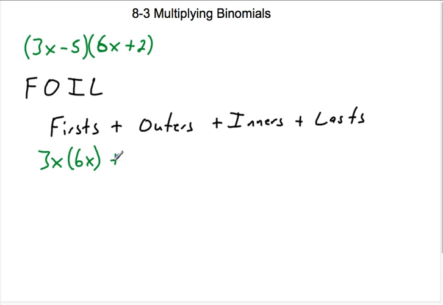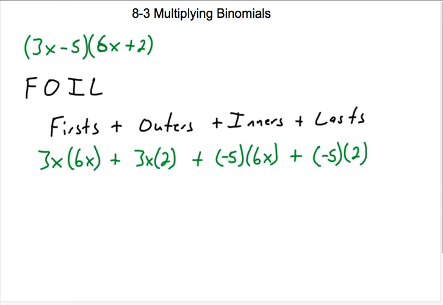The outers would be the 3x and the 2, the outsides. The inners would be the insides here, the negative 5 and the 6x. And then the lasts would be the last term in each parentheses, so the negative 5 and the 2.